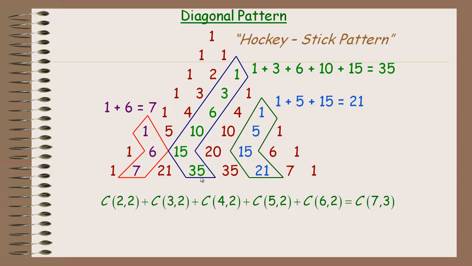See, you go over this way, so you see that's the 4th number in this row. This is the 3rd number, so it's the next one past this one. Remember, you start counting at 0, so 0, 1, 2, so that was 6 choose 2. This would be 7 choose 3 because we're in the n equals 7 row, and you start counting at 0, 1, 2, 3. So in the combination I'd use 3, 7 choose 3. So that's the hockey stick pattern.